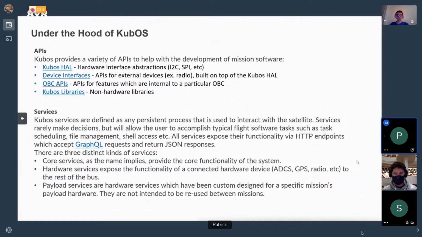And we have those three kinds of services: the core services that were written by KubOS, the hardware services for the bus systems that were mainly written by us, and then the payload services written by the payload teams.